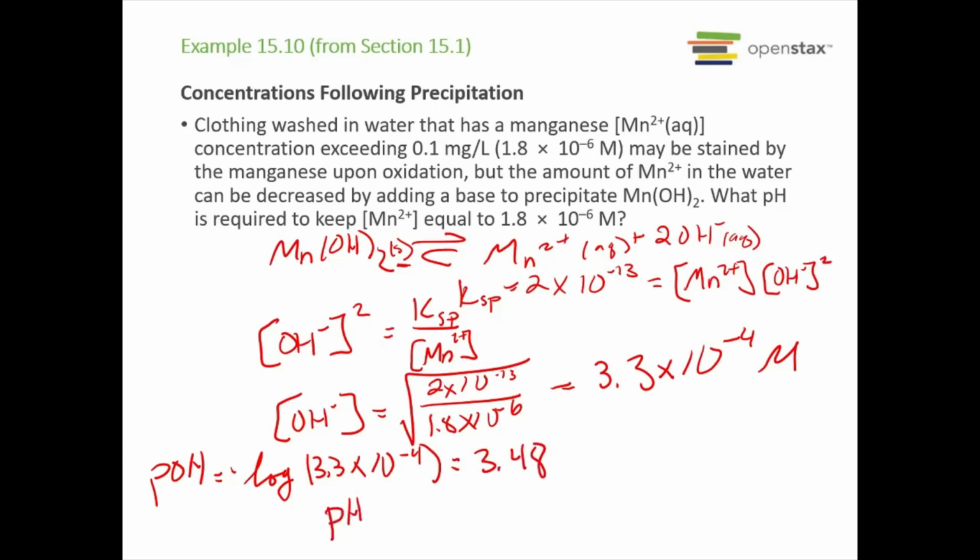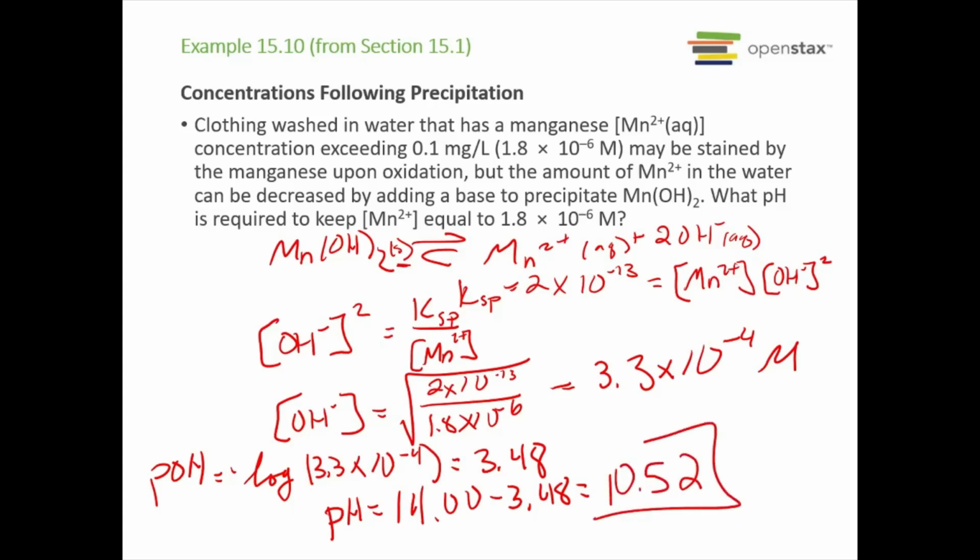And then pH is 14 minus pOH. Let's see, that's a typo there. So we have 14 minus 3.48. We get a pH of 10.52. So we've got to keep our pH at 10.52 to keep Mn2+ equal to 1.8 times 10 to the negative 6th molar.